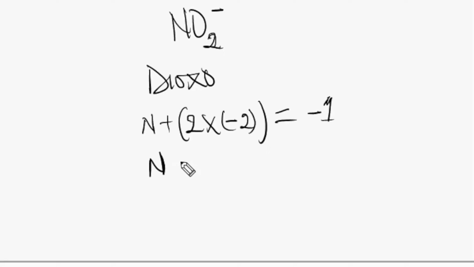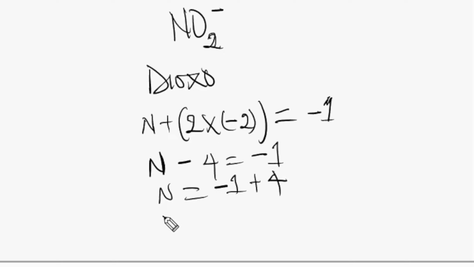So this will give us n minus 4 is equal to -1. So guys, if we collect the like terms here, 4 going over to this side will be a positive 4, and that will be -1 and a positive 4. So guys, n is going to be 3 here. So that's the oxidation state of this nitrogen.